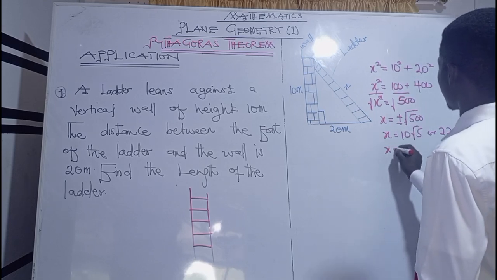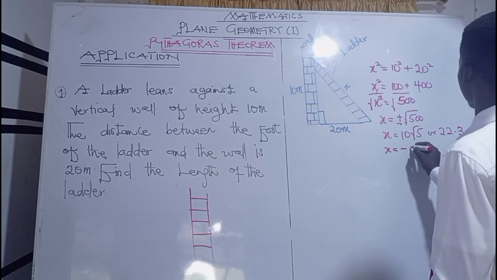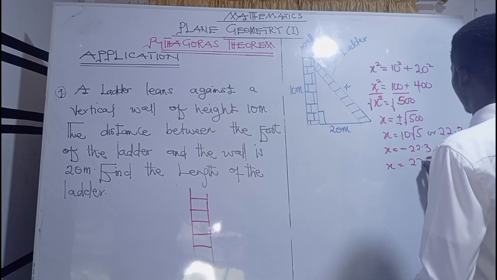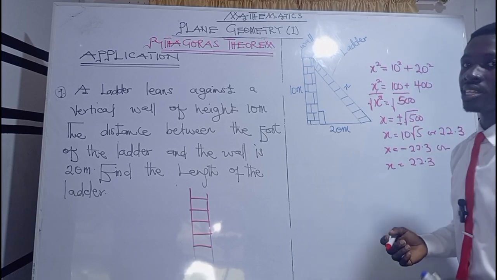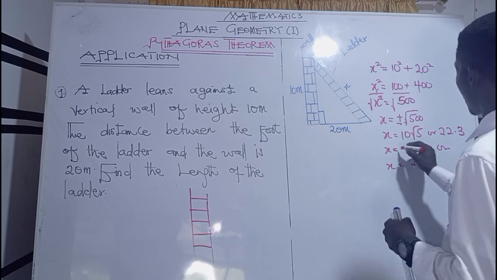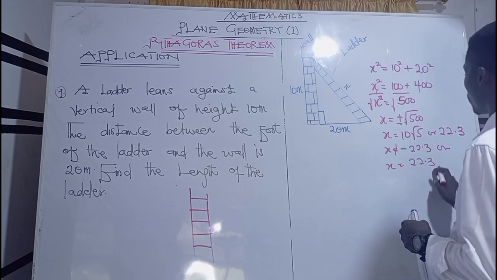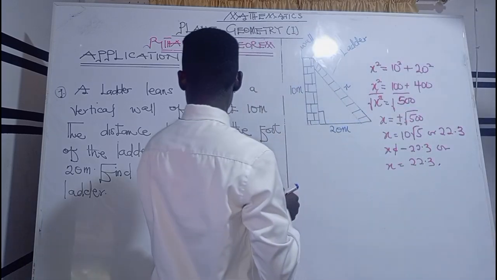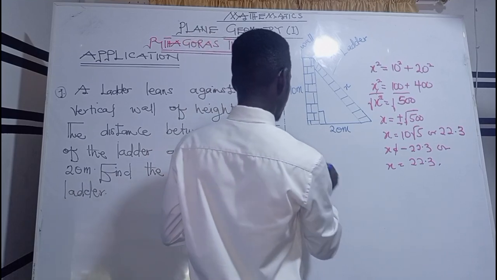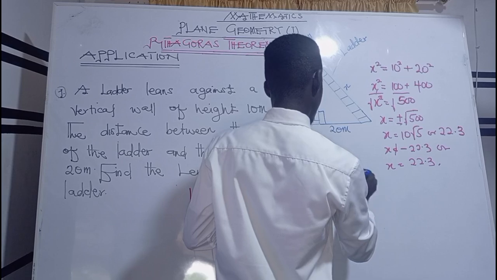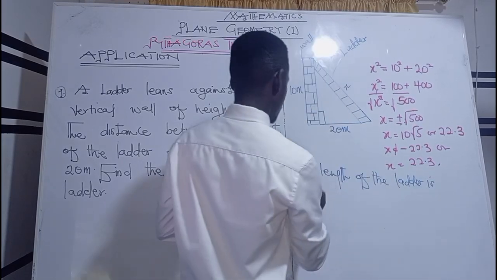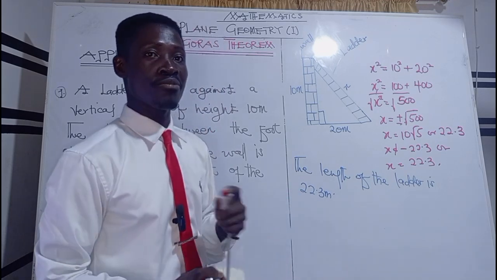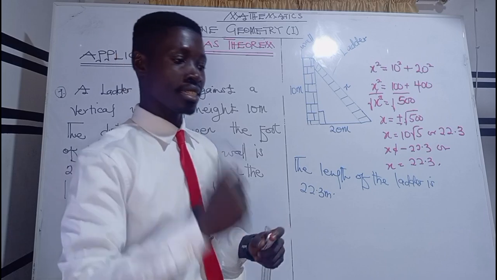Now, so we can say that our x is equal to negative 22.3 or x is equal to 22.3. Since we don't have negative length or negative magnitude, our x will be equal to 22.3. So at the end, we can say that the length of the ladder is 22.3. Very, very simple. Let's take the next example.